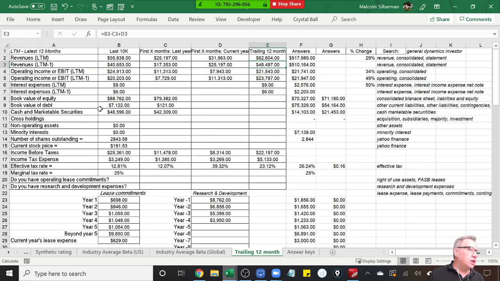So the numbers that we're looking for are revenues, operating income, interest expenses, book value of equity and debt, cash and marketable securities, cross holdings, and on and on we go. And operating income, or EBITDA? Are they the same thing? Or EBIT, earnings before interest and taxes.